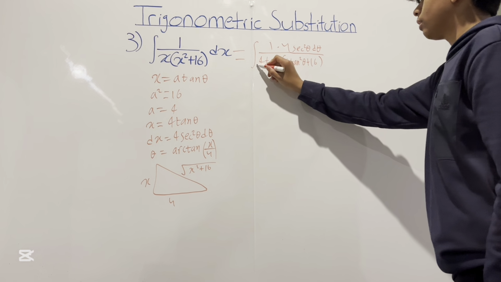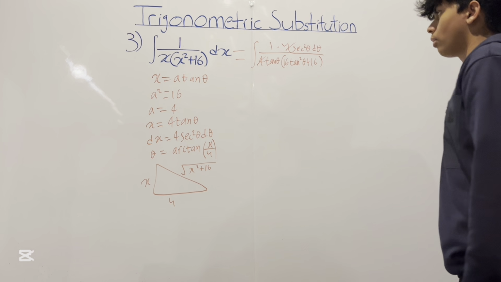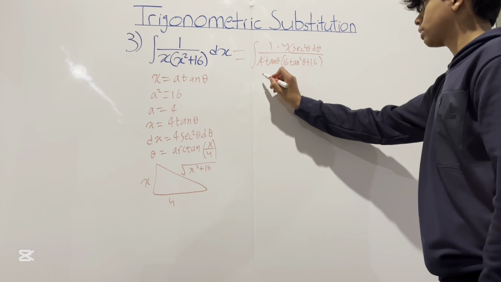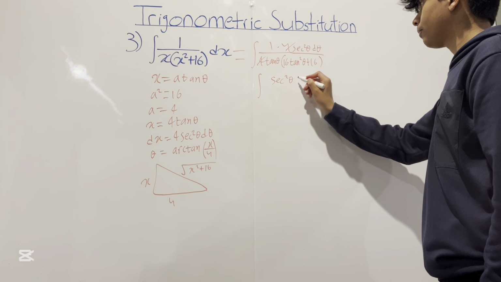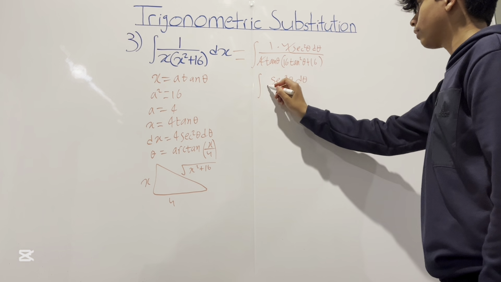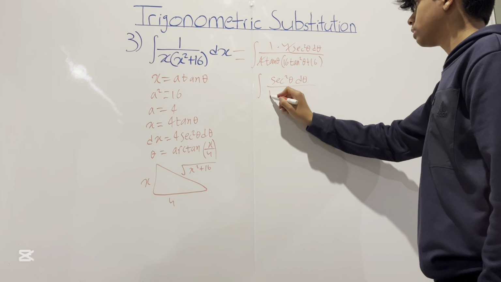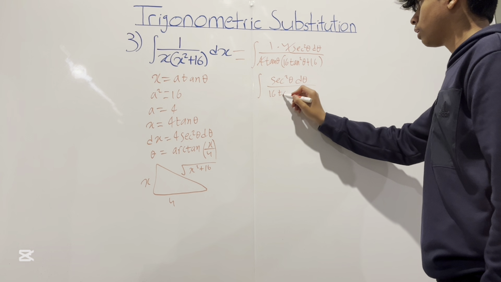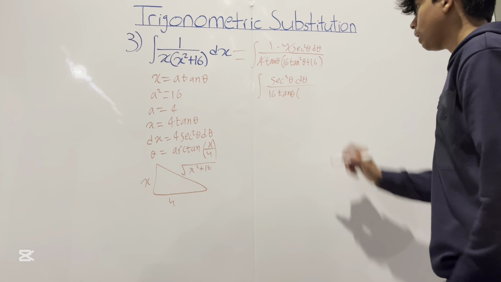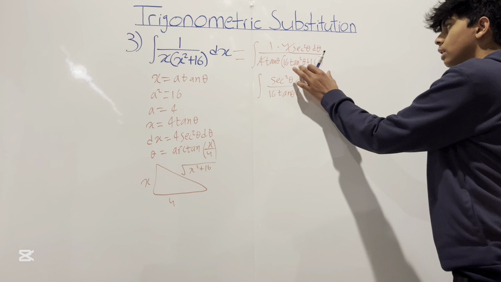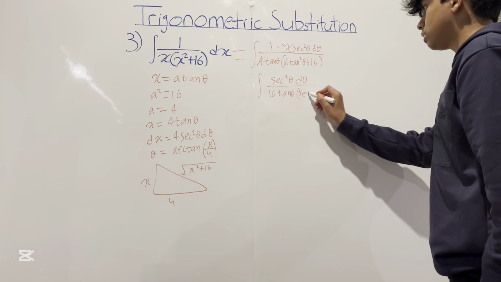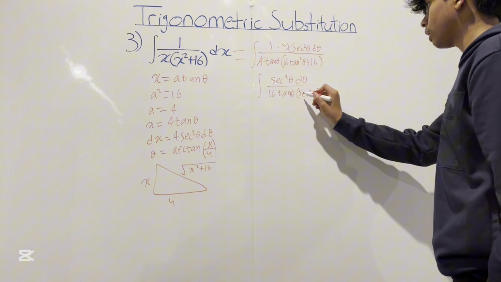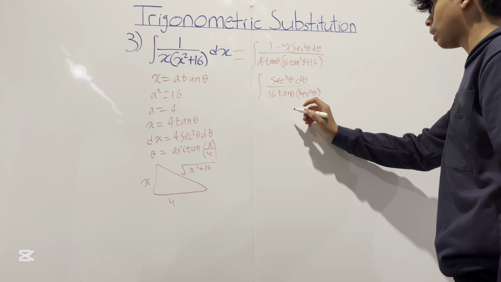And then we can divide out this 4. So we are just going to have secant squared theta d theta divided by 16 tan theta. And since we took out 16, tan squared theta plus 1 is the same as secant squared theta. So we can divide secant squared theta on the top and bottom.